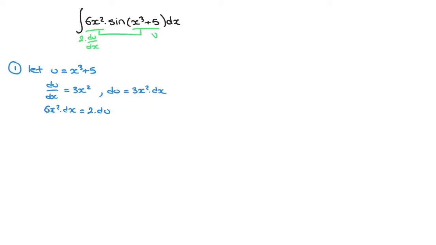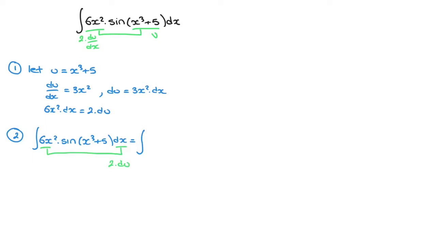We move on to step 2, in which we rewrite this integral in terms of the new variable u. That would be the integral of 6x squared times sine of x cubed plus 5 equals the integral of, let's see, we have 6x squared multiplying dx, and as we've just seen, that's 2 times du.